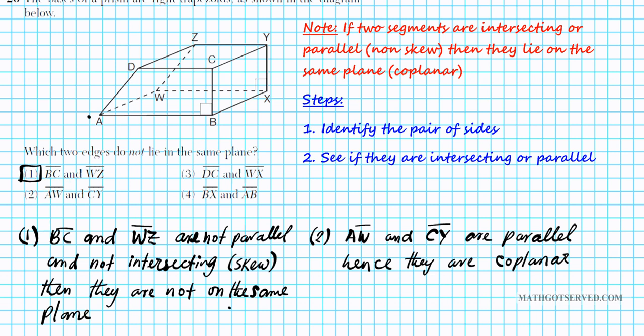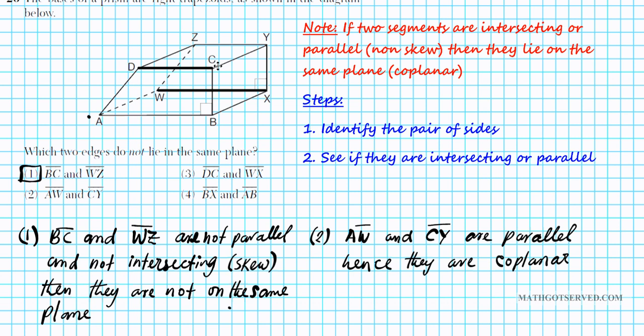DC is this side right here, upper left corner, and then WX is that side over there. Now, what do you notice? These two lines are parallel. Since they're parallel, they're not skew. They are on the same plane.